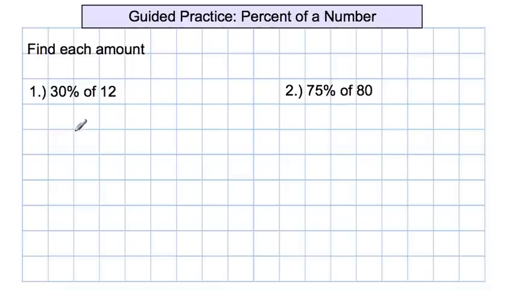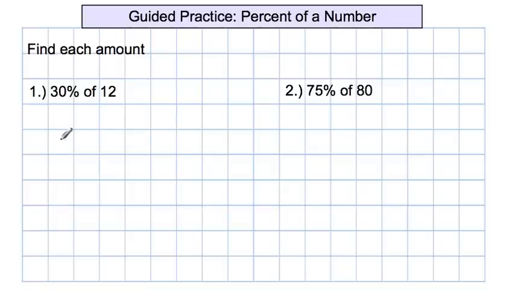So we can kind of look at these problems and see kind of where it should be. So if you get some crazy number, like if you get 390 or something like that, you have to say, wait a minute, I can't go over 12 here because 100% of 12 is 12. So how much is 30% of 12? It's a lot less than 100. So my number is going to be a lot less than 12.